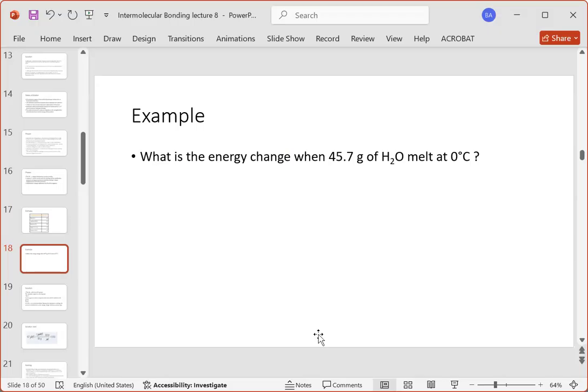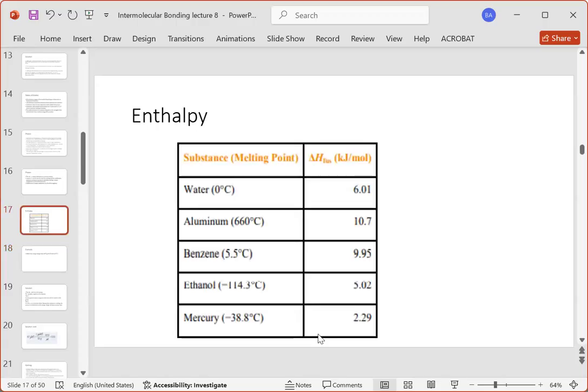We can do the calculation. Because 0 degrees Celsius is the melting point, we use the heat of fusion, which is tabulated at that particular temperature. So here, water is 6.01 kilojoules per mole.